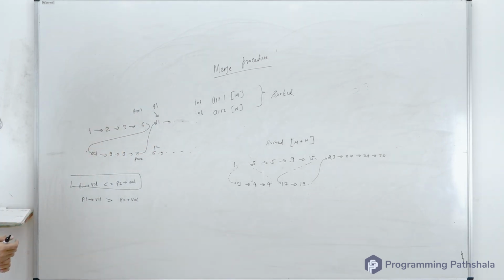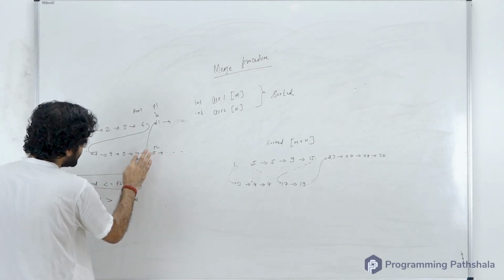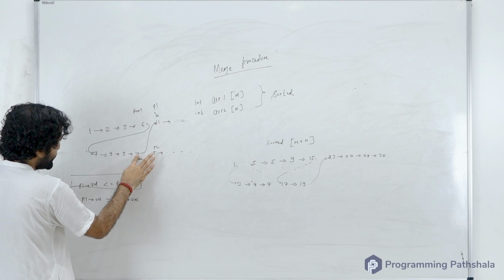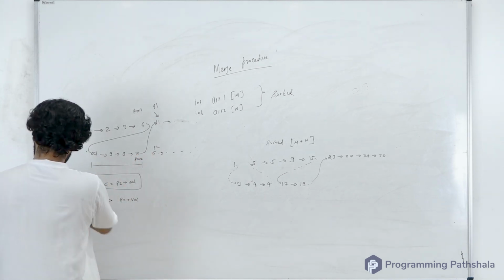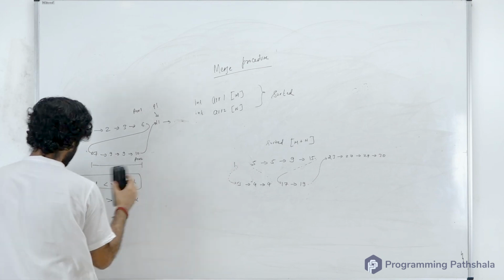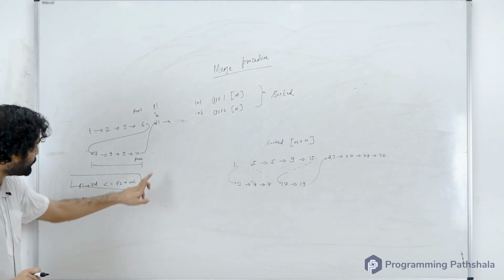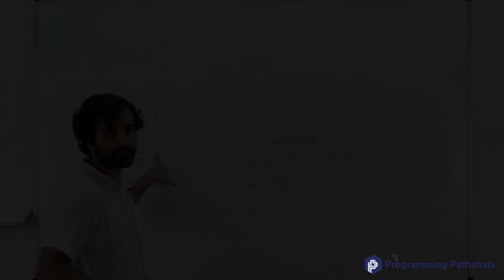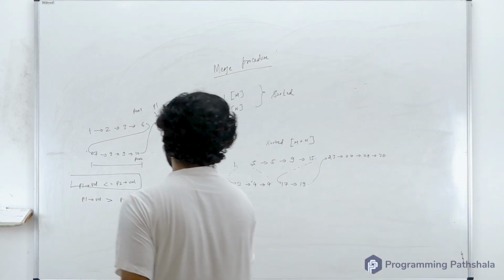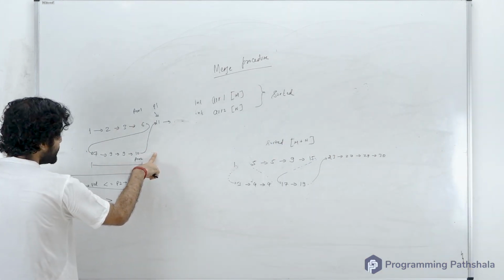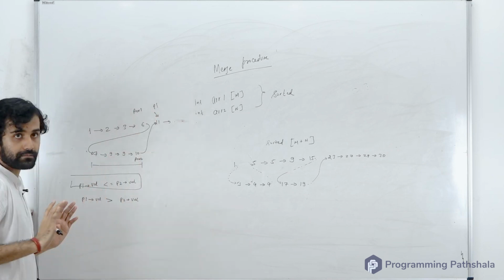Tell me one more thing over here. Let's say this 10 was the last pointer. Let's say this linked list was just from here to here. So at this point of time, what would have been the value of P2? It would have become null. Very good. Can I say that the moment P2 becomes null, or the moment P1 becomes null?